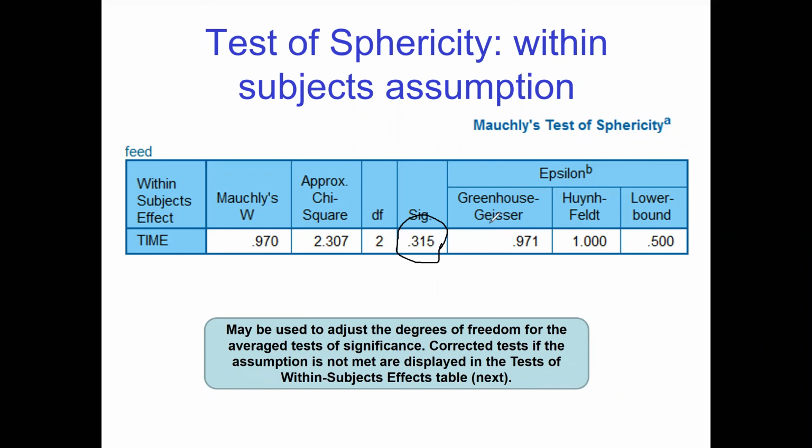These epsilon values are adjustments that you would make only if you had failed to meet the assumption. They're used for adjusted within subjects effects, which I believe we'll see later. You don't really need to worry about them because you have not rejected the assumption.